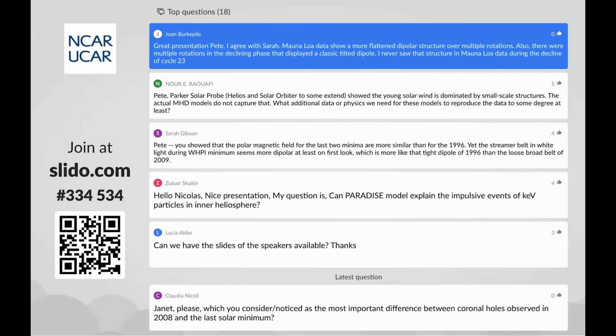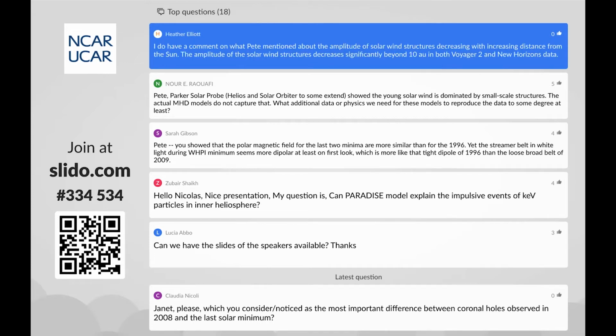So you want to look at the last active regions of the cycle. How long have they had to decay? How many were there, and how large were they? I think that will determine things like how much mixed polarity flux there is around, and how flat the streamer belt is at different minima. That's all I want to say.